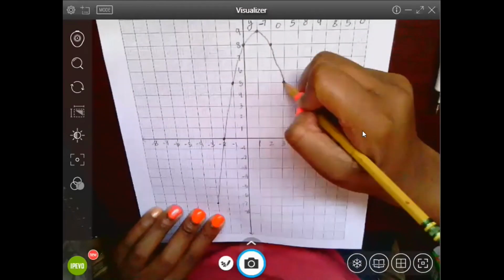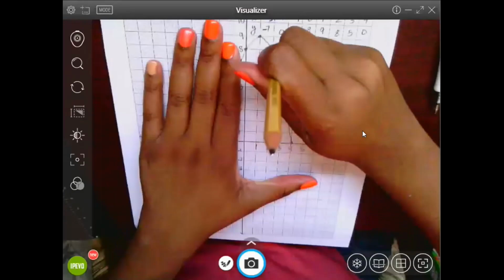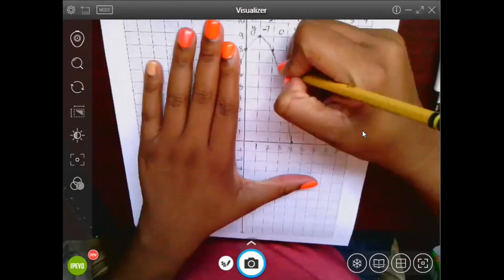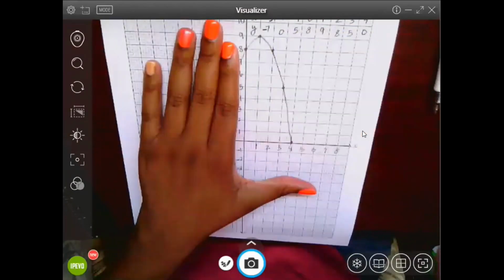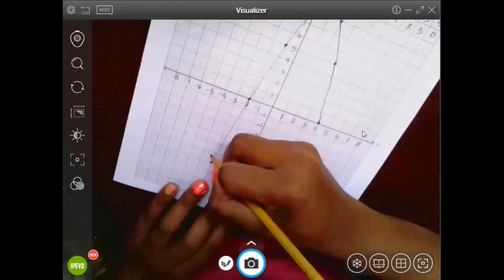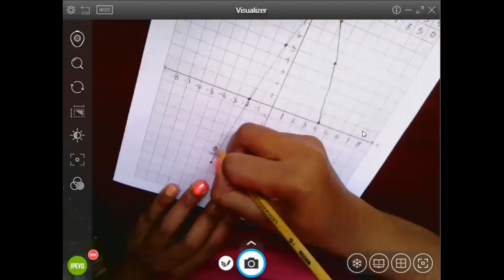I don't like how this looks right here, so I'm just going to clean that up. All right, that looks a little bit better. So to finish this up, I'm going to make sure I write the name of this line. Y equals 8 minus x squared plus 2x.